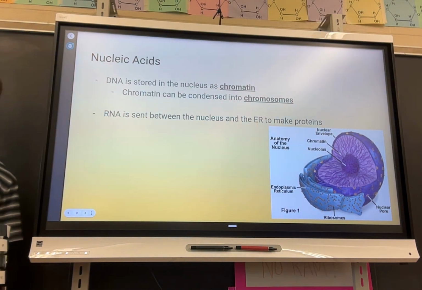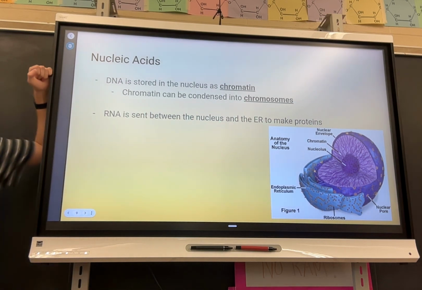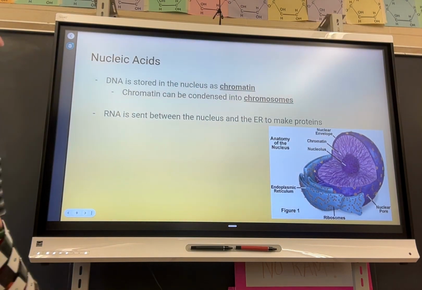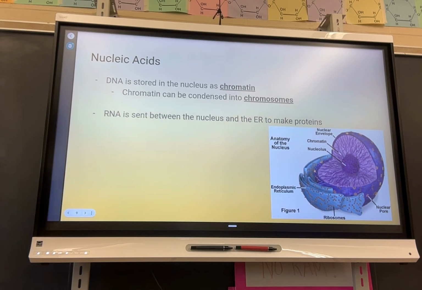If you have A, C, G, it doesn't work like that. So we'll learn whenever we get to translation and transcription that nucleic acids are very important for what proteins we're making. Set down my wonderful little chromosome.